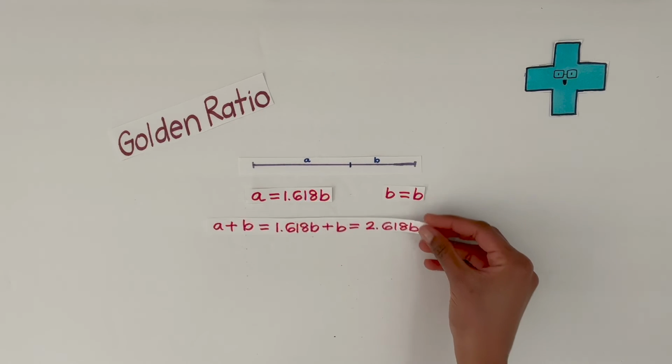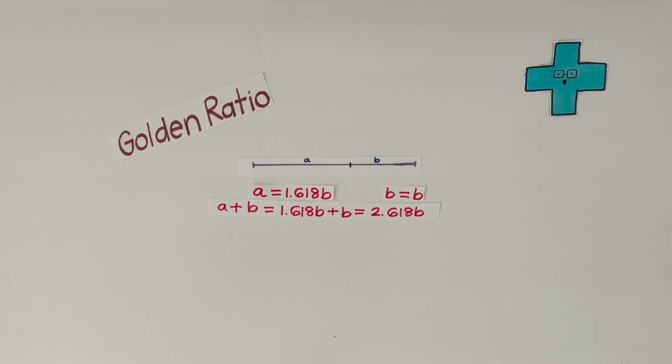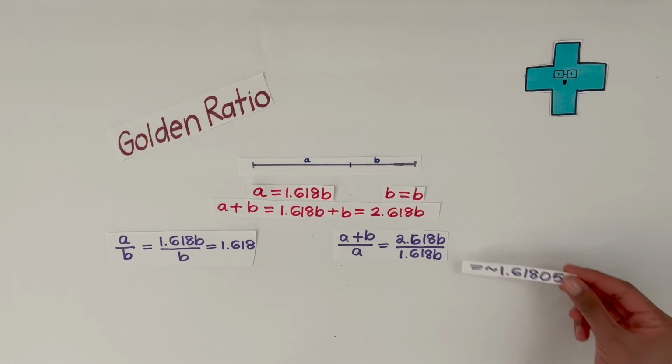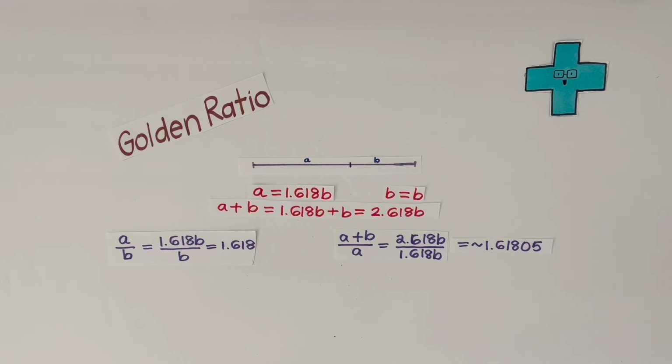And what does that equal to? 2.618b. That means that the proportion of A to B is 1.618b divided by B, which is 1.618, as we were given. And the proportion of A plus B to A is 2.618b to 1.618b, which is about 1.618, which is the same as the golden ratio.